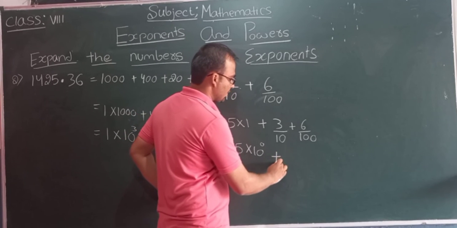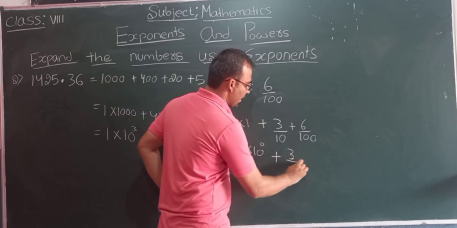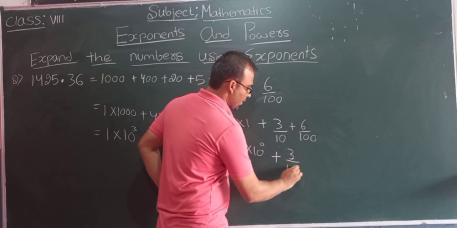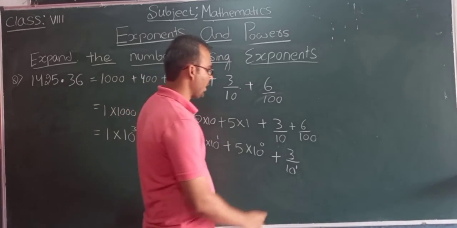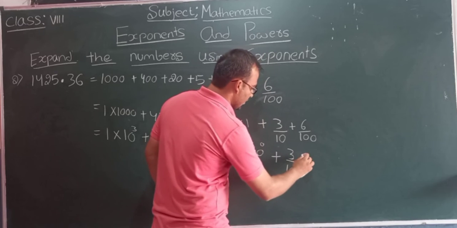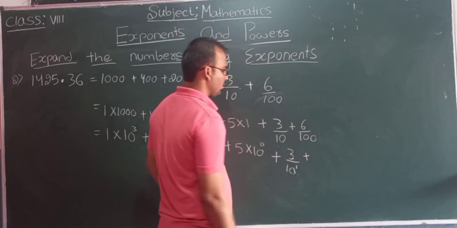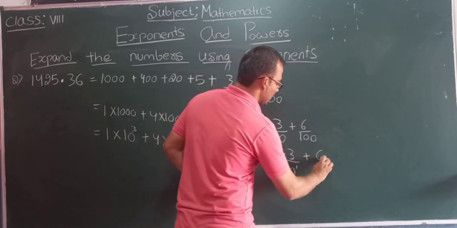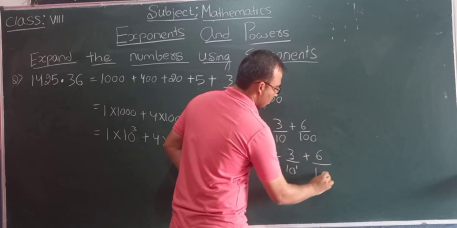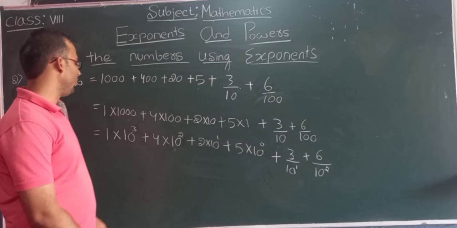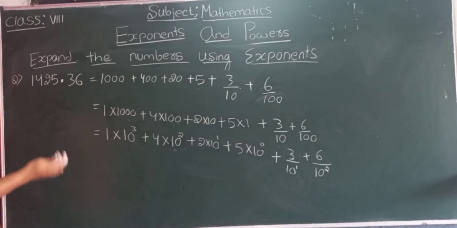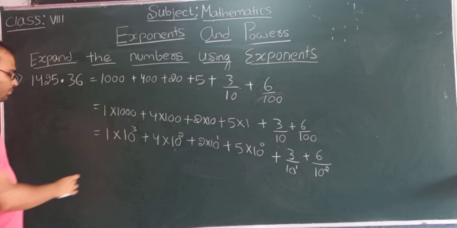Next, plus, this 3 by 10 is there. We can write it with 10 to the power 1, and the 6 by 100 with 10 to the power 2. Next, we can write one more step, students.